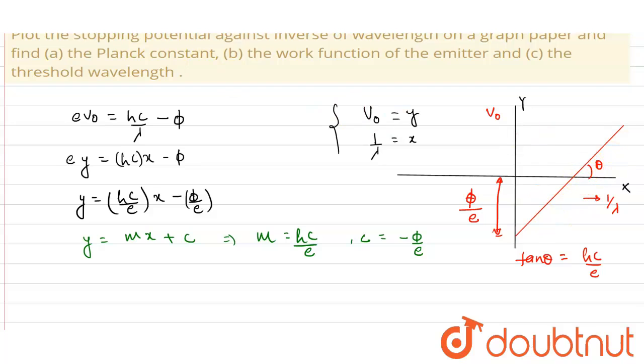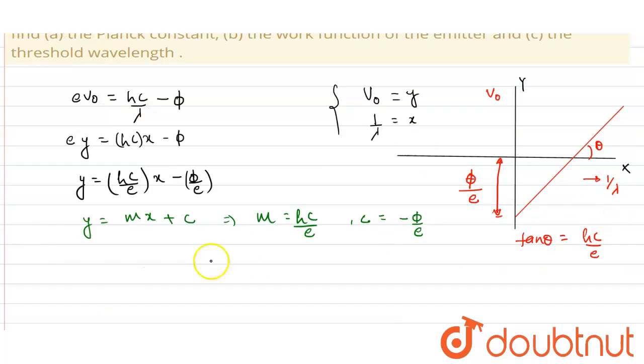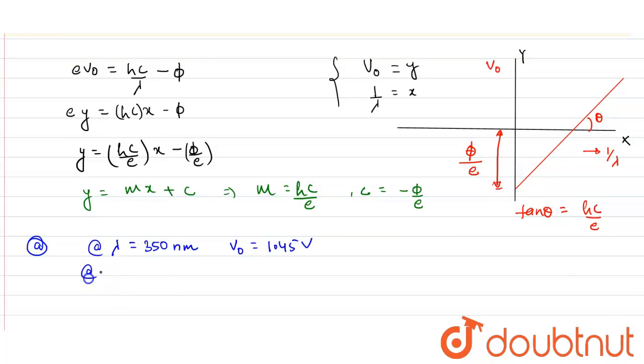Okay, now further going on the question, we have to find the Planck's constant. Now from the given data we can see when the wavelength is 350, the stopping potential is 1.45, and when the wavelength is 400 nanometers, the stopping potential is 1. So using that given data, at lambda equals 350 nanometers, our stopping potential is 1.45 volts, and at wavelength of 400 nanometers, our stopping potential is 1 volt.